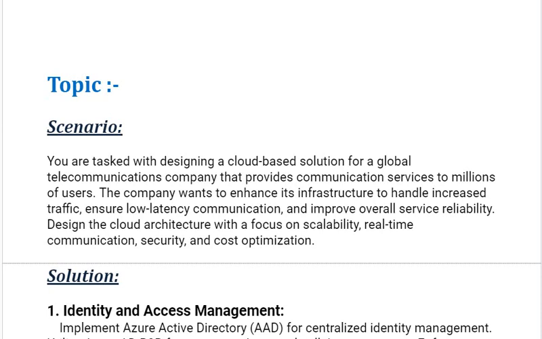The company wants to enhance its infrastructure to handle increased traffic, ensure low latency communication, and improve overall service reliability. Design the cloud architecture with a focus on scalability, real-time communication, security, and cost optimization. Being an Azure solution architect, what solution you will select?